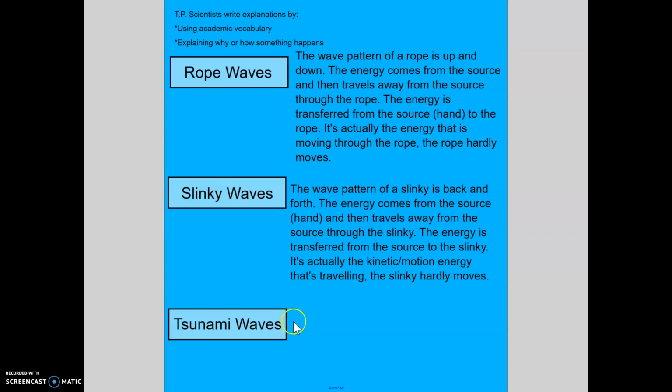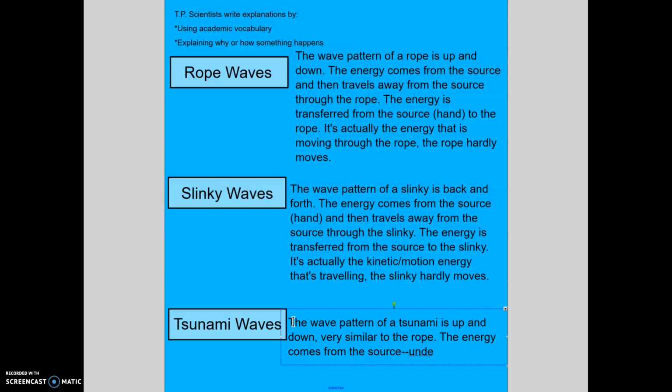So I'm going to say here, the wave pattern of a tsunami is up and down, very similar to the rope. The energy comes from the source, which is an underwater earthquake. The source transfers energy from under the earth to the water.